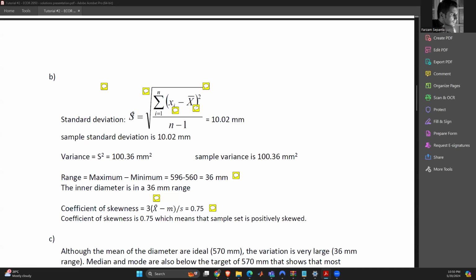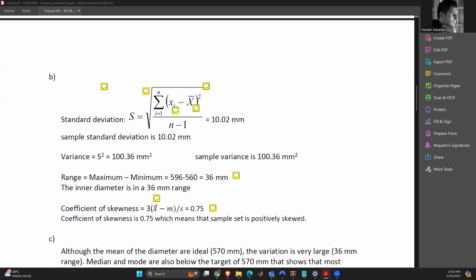Standard deviation is technically the square root of variance. The first thing you need to calculate is variance because that's what is under the square root, divided by n minus 1.